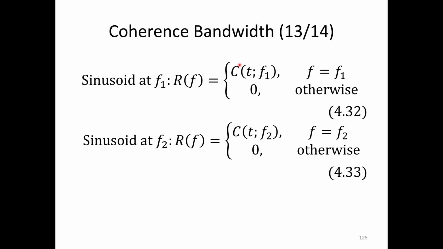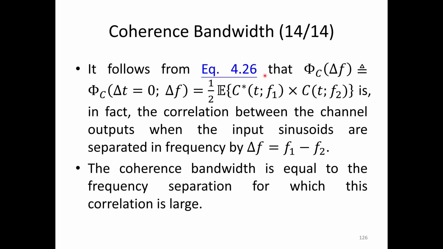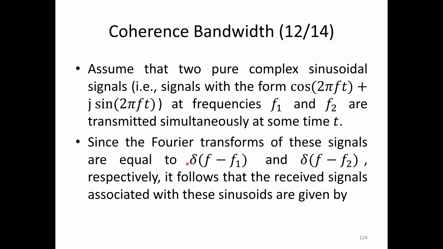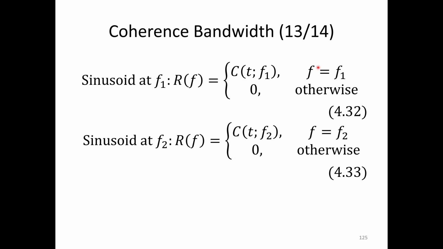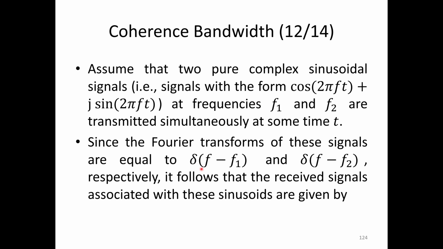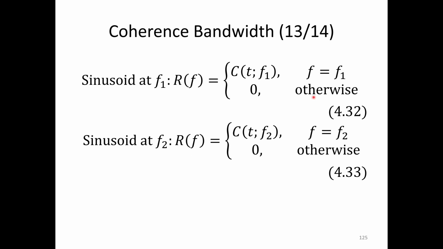So it is equal to C of TF times delta of f minus f1. So when f is equal to f1, it is equal to C of TF1. Otherwise, R of f is equal to 0, because delta of f minus f1 is equal to 0 when f is not equal to f1.